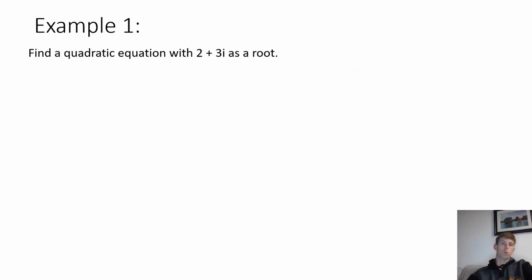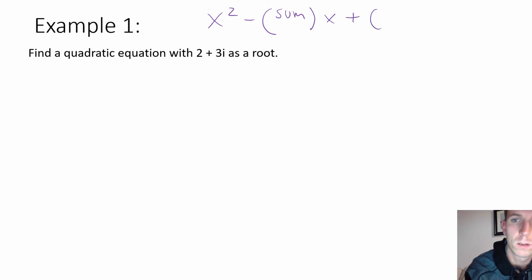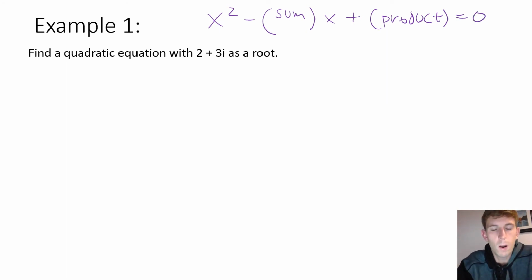So find a quadratic equation with 2 plus 3i as a root. I'll write our rule that we were just working with on our previous slide up here. X squared minus the sum. All right, so the first thing we're going to do is use the complex conjugates theorem, because we know this is a quadratic, but we're only given one root.